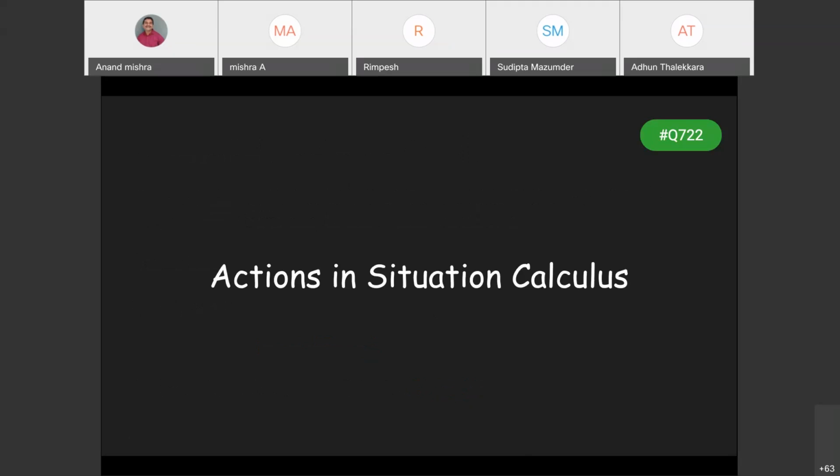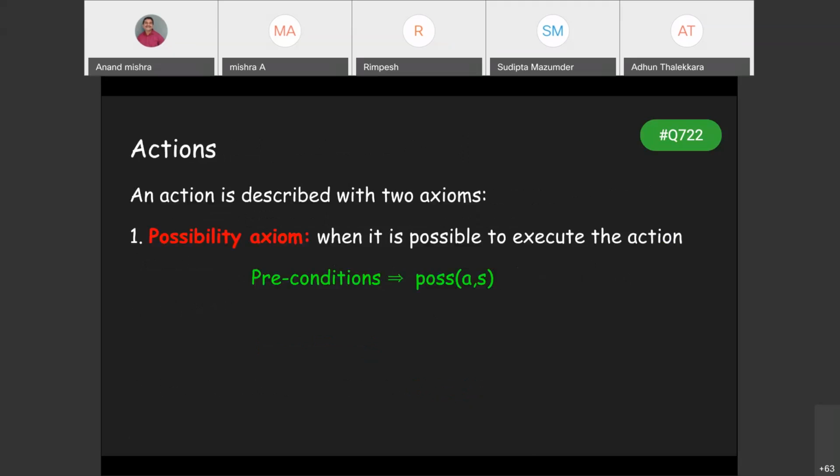Okay, now let's look into some of these actions. This will be clearer when we see the examples, but let's see what the definition says. An action is described with two kinds of axioms. One is possibility axioms: given some condition, is it possible to execute that action?